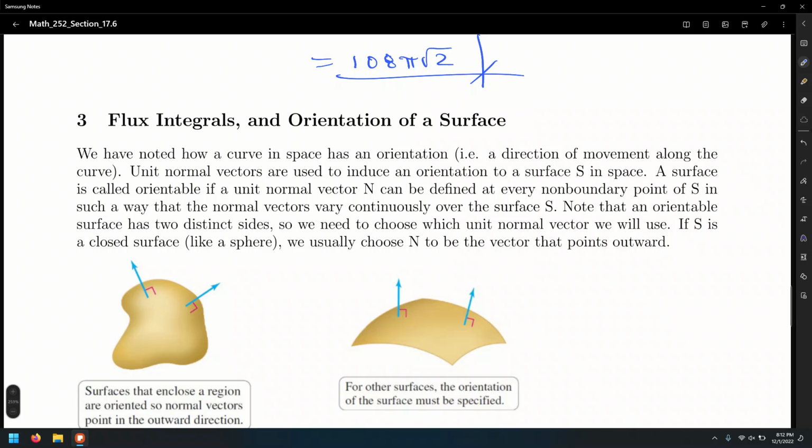However, for surfaces that are open, we have two options: either the vectors pointing outside or pointing inside, and that's going to make a whole difference when it comes to the orientation to determine the flux. And to calculate this, which is going to be similar to what we did using Green's theorem, instead of calculating over a planar region, we're calculating over a surface in this case.